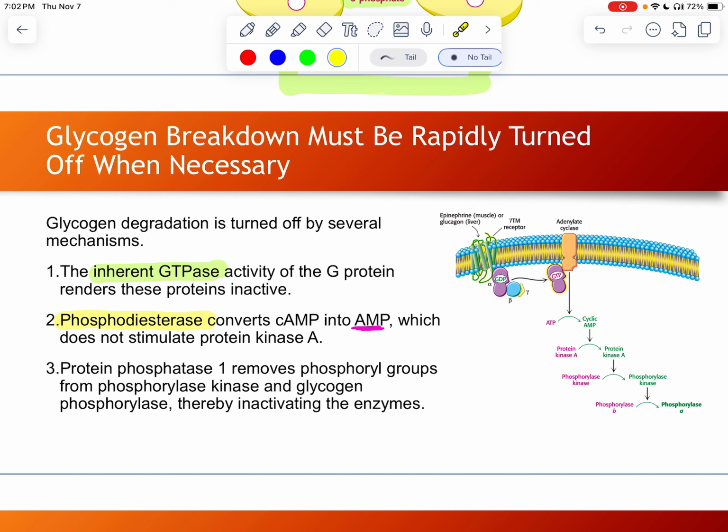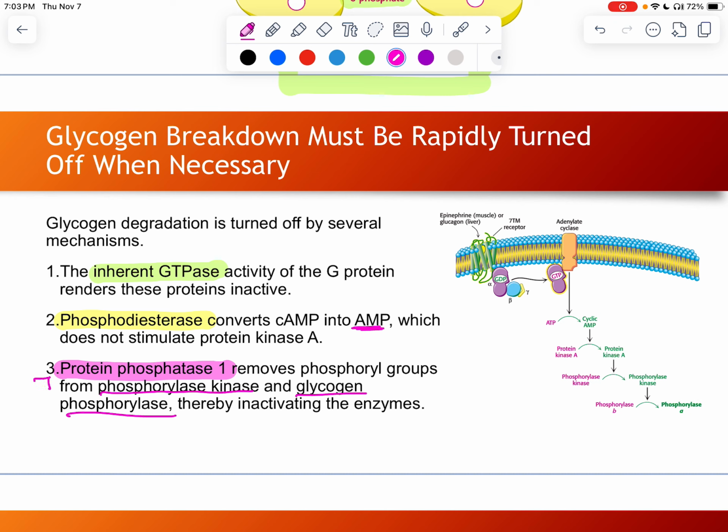And we have something called protein phosphatase 1, which removes phosphoryl groups, right, from both the phosphorylase kinase and the glycogen phosphorylase.